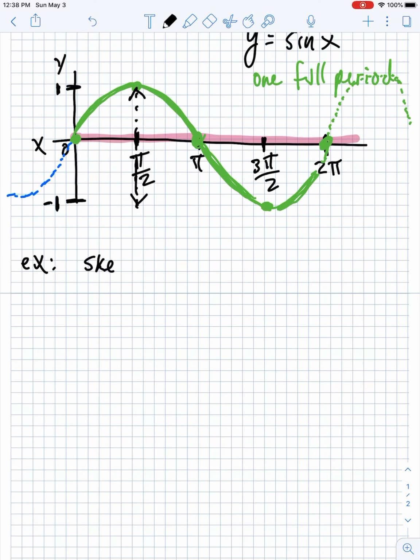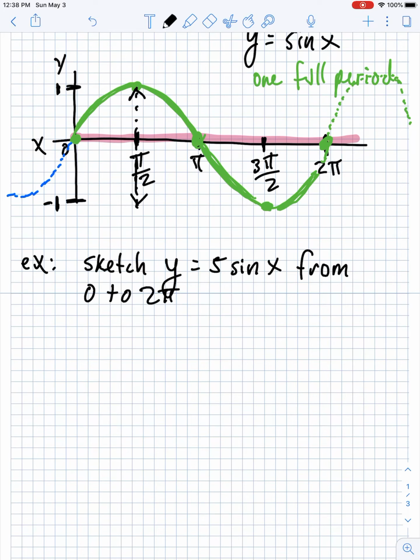Let's sketch y equals 5 sine x from 0 to 2 pi, just like one full period.